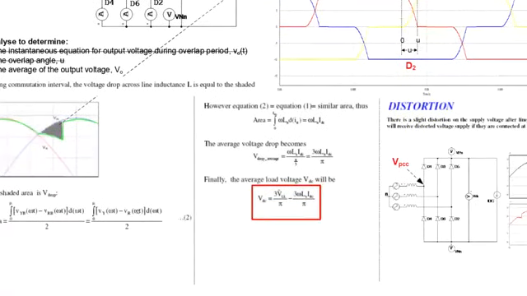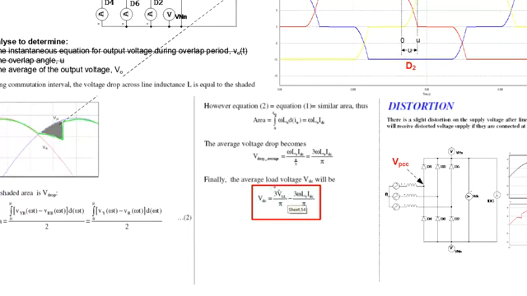Then if you equate equation 2 with equation 1, you get that the area equals omega Ls Idc, and therefore the average voltage drop becomes that area divided by pi over 3, which is 60 degrees. Each pulse consists of 60 degrees, so that's why you divide by pi over 3. Finally, the average voltage is described by 3 V peak line to line over pi.